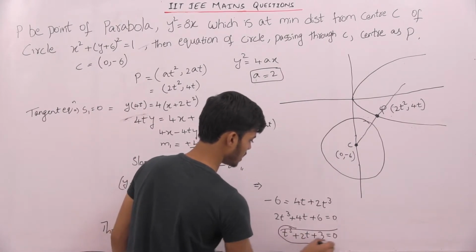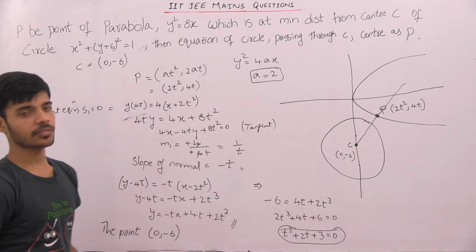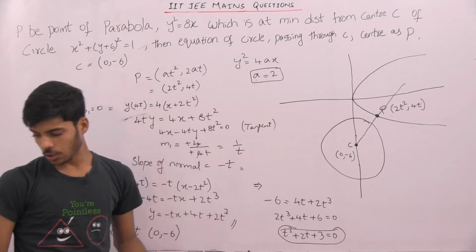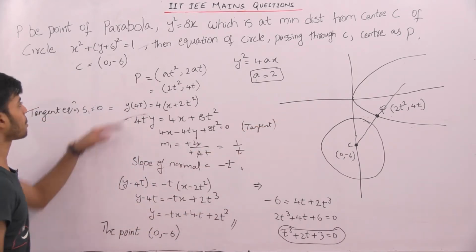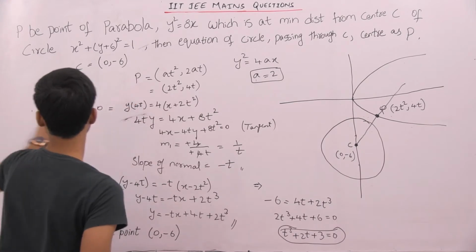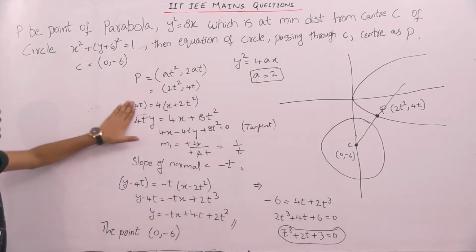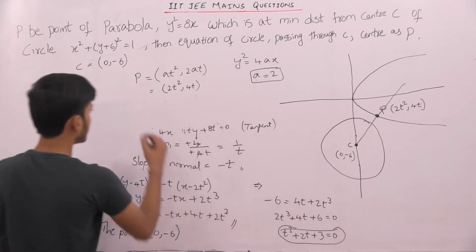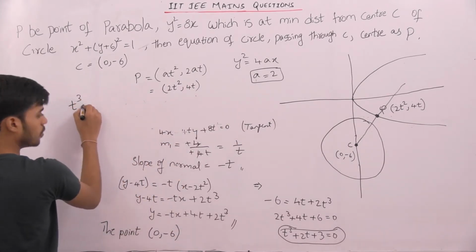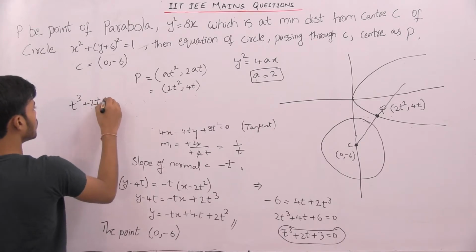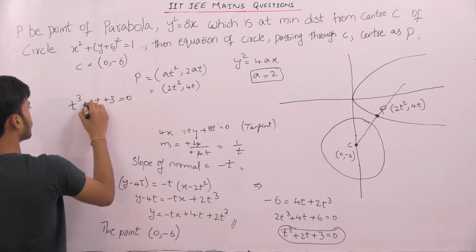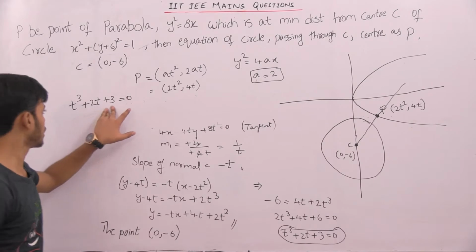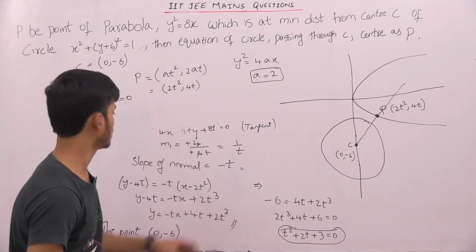So we have an equation. If we solve this, we get the values of t. Later on we can have the point P. So let's proceed by calculating the value. We have t cube plus 2t plus 3 equal to 0.